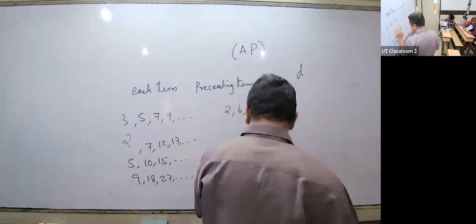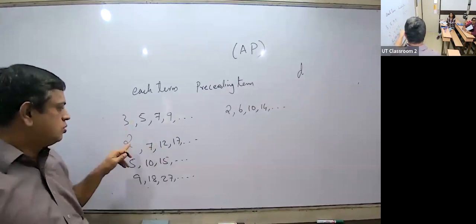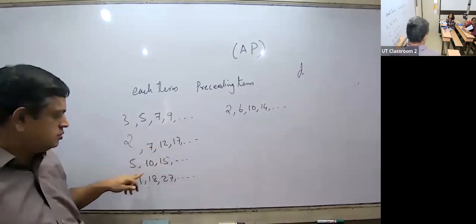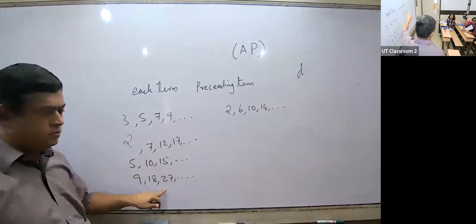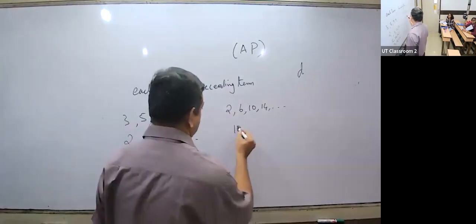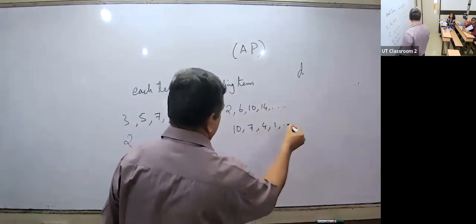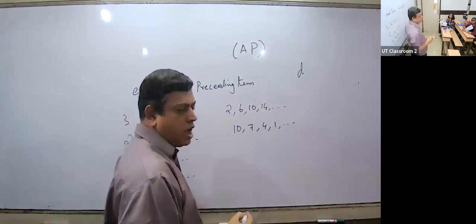Now here, what is the value of d? 2. What is the value of d? 5, 9, so 4. Okay. How about this one? Minus 3. Is it an AP? Yes. Adding how much? Minus 3.